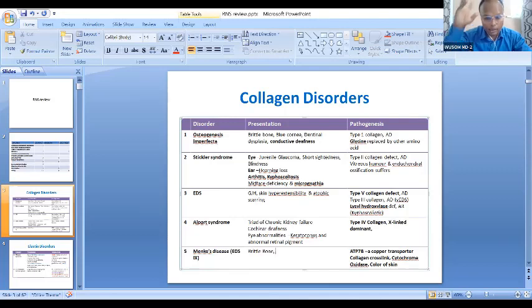Brittle bone, and steely colored hair because of lack of pigment, and mental retardation because of cytochrome oxidase deficiency. Is that right?